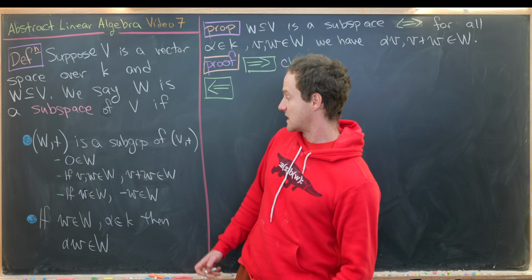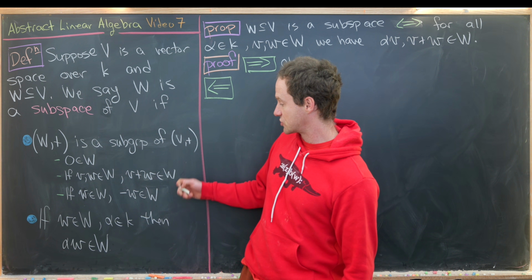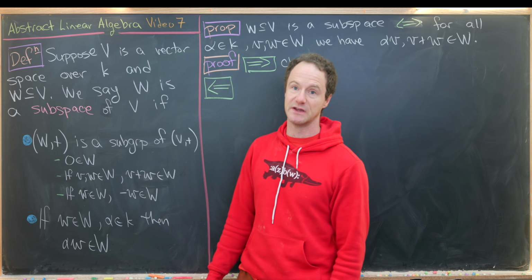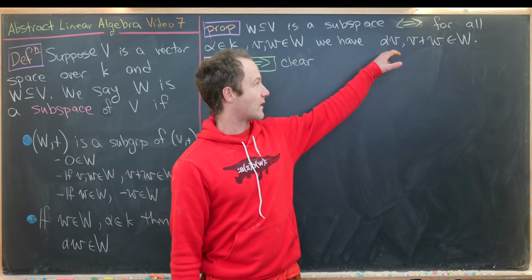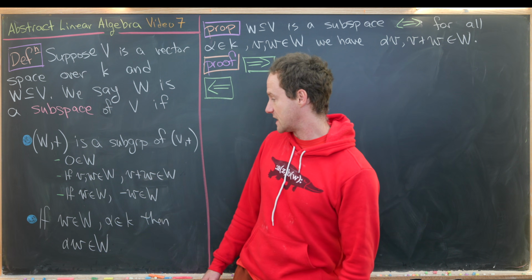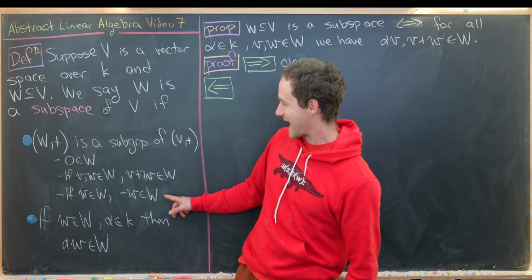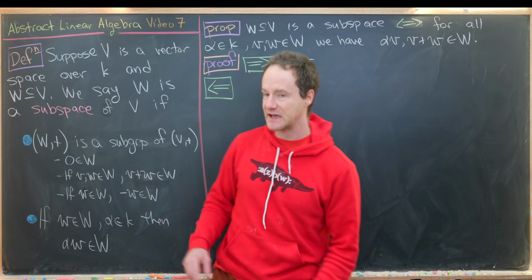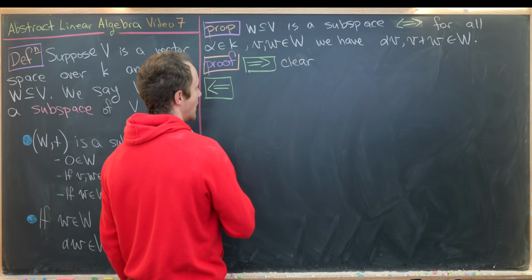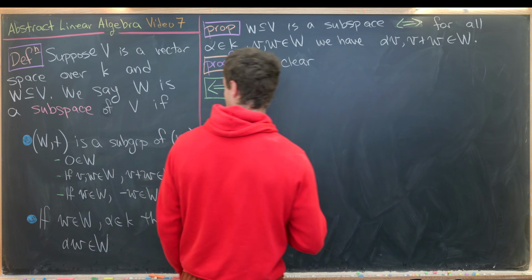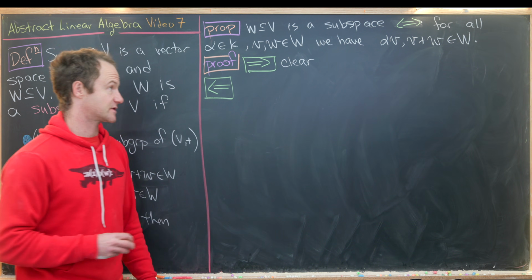So like I said before, we know this condition is true and this condition is true. That's because we are assuming the right-hand side of this if and only if statement. So all we really need to check now is that it's closed under additive inverses of the vector space and contains the zero vector. Okay, so let's maybe first show that it contains the zero vector.